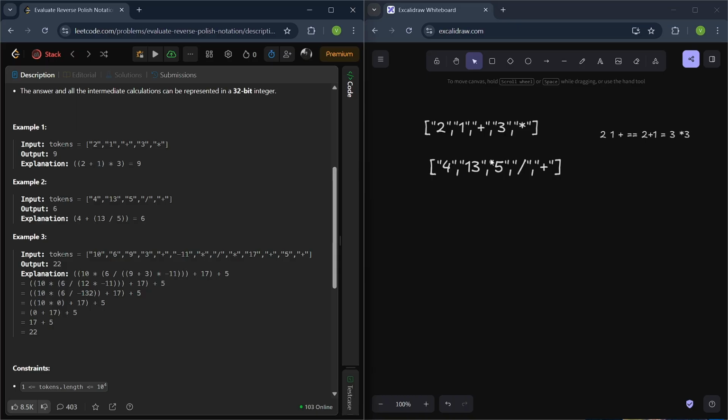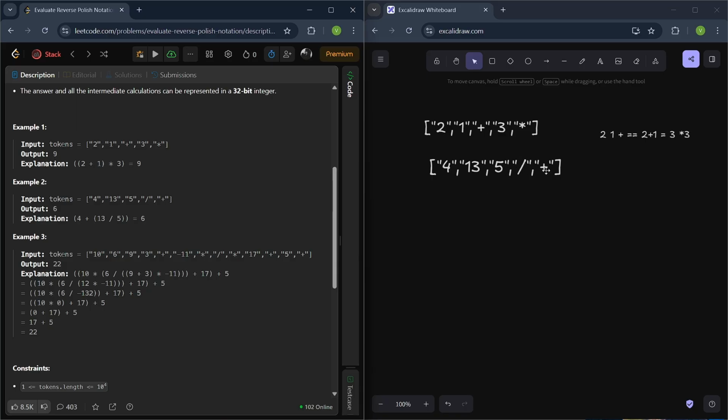Let's look over here. First the numbers, I can say 4, 13, 5. And then when they have gone for the operator, they have considered the last two values, that is 13 and 5. Have they divided 13 and 5? Yes, they have divided 13 and 5.